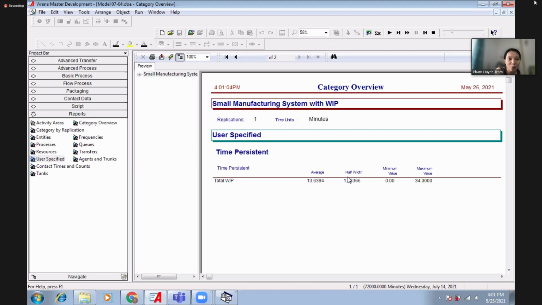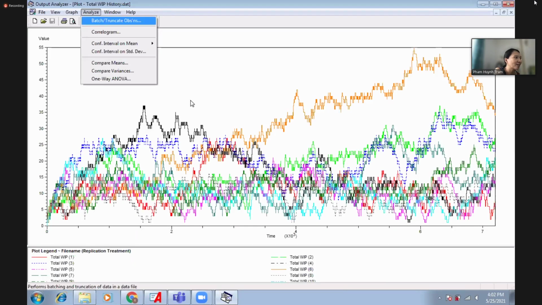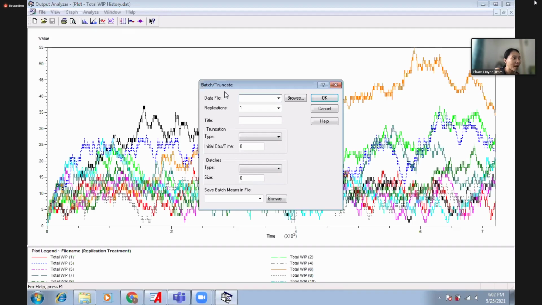But let's say for some reason you want to do it manually, because you want to set a different confidence level, for example, you still can do it with the output analyzer. In the output analyzer, you can choose the function batch or truncate, and decide the way you want to truncate, the way you want to batch, and how many batches you want to use.